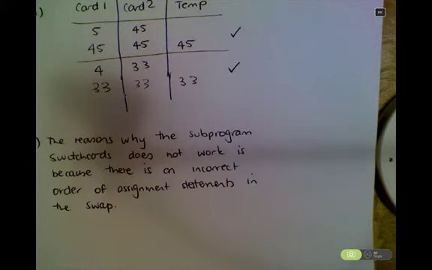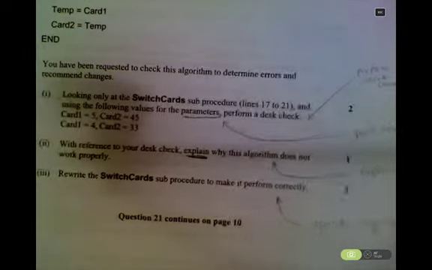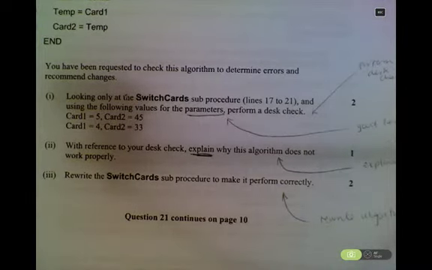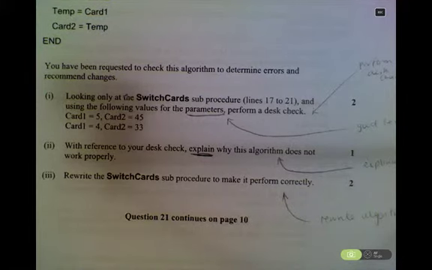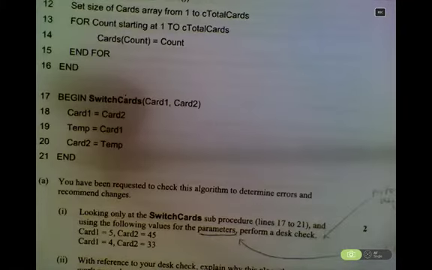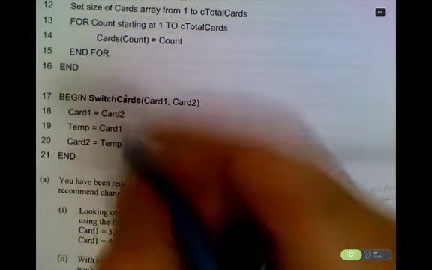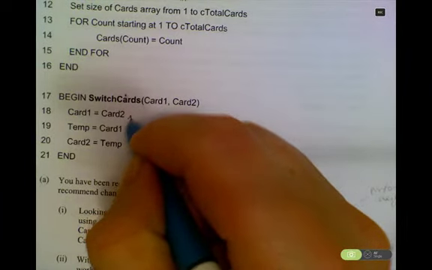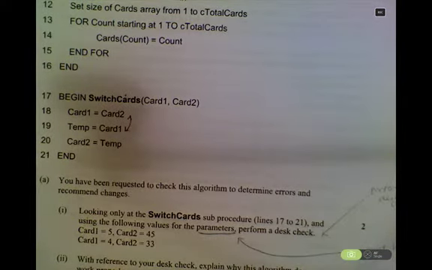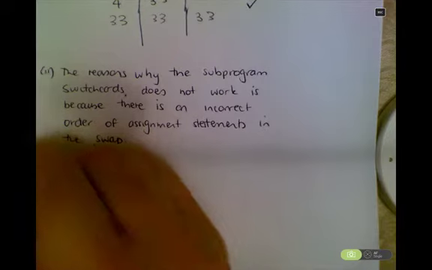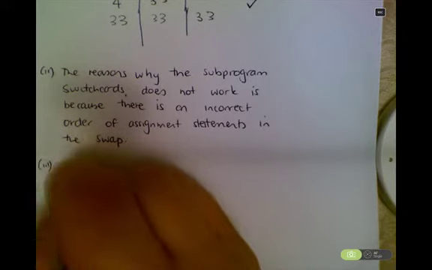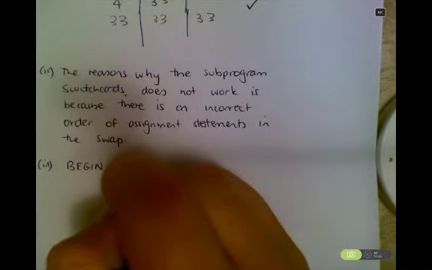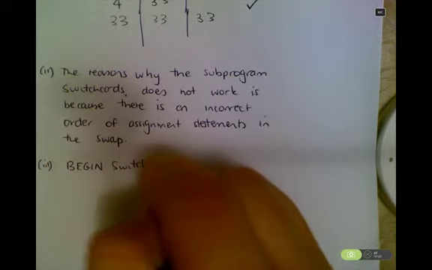The third question says, rewrite switch card sub-procedure to make it perform correctly. Let's look at the algorithm here. Basically what you want to do is swap these two around. It's only rewriting the algorithm. So we say begin, and it's our sub-program switch cards.